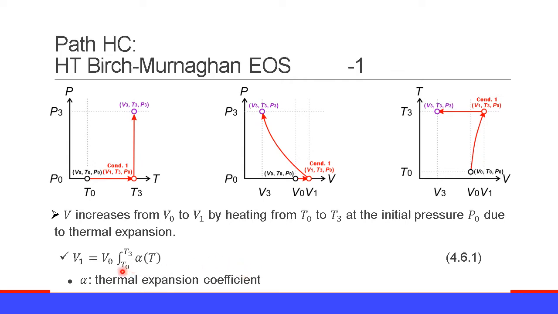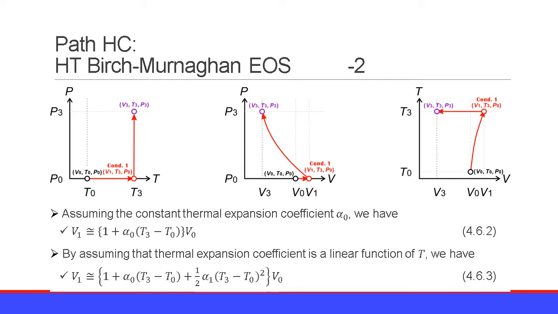This is expressed by this equation. Initial volume is V0 and we integrate the thermal expansion coefficient from T0 to T3. Then we obtain V1. As we have already discussed, the thermal expansion coefficient increases with increasing temperature.